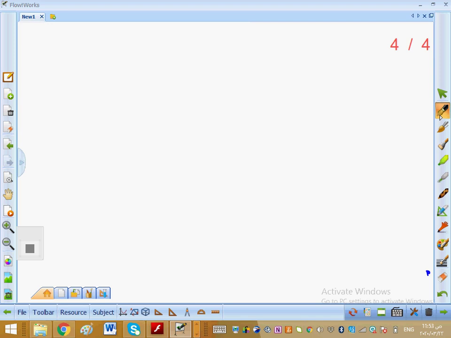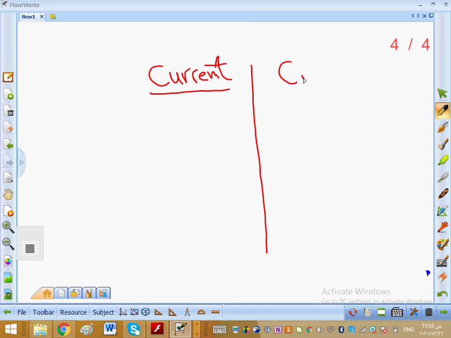Then we continued with circuit, and we said don't mix between circuit and current. Current, electric current I mean, and electric circuit.